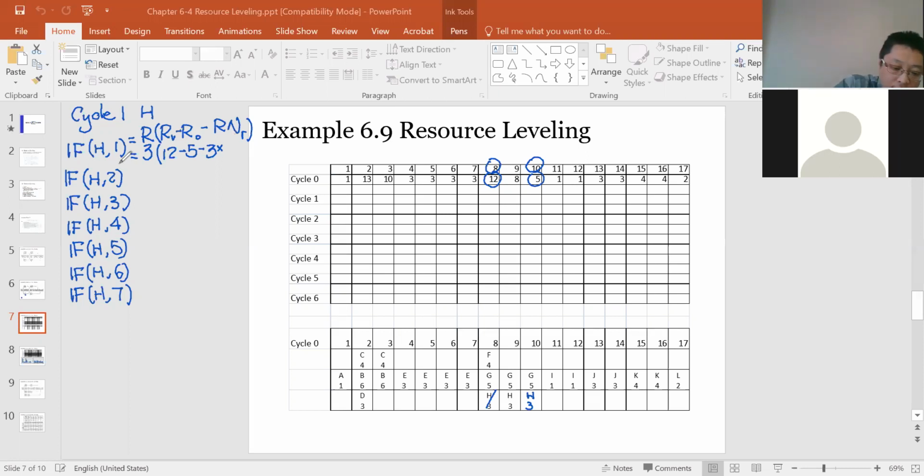That is the number in the parenthesis, this number. So we compare this number with 2, the duration of this activity, and find the smaller one. Compare this 1 with 2. Which one is smaller? Then that's 1. So I put 1 over here.